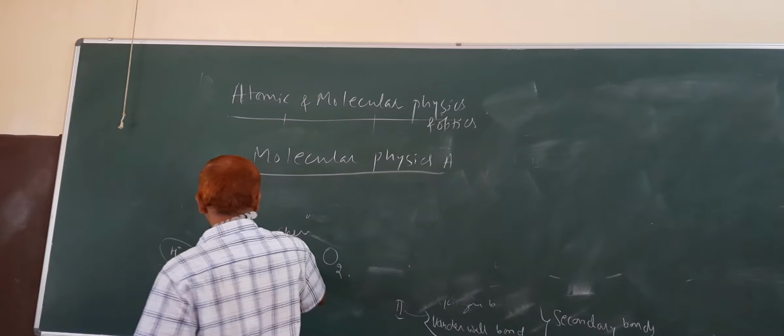Or if you take germanium, in the outermost orbit, those are called valence electrons. Each has four, and they share with four neighboring atoms and all are satisfied. There is sharing of the valence electrons, and that is called a covalent bond.